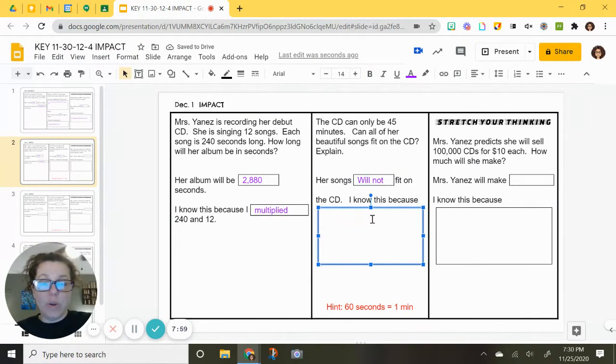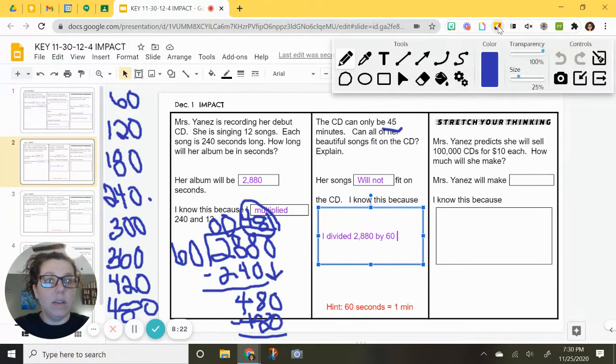And the reason you know this is because I divided 2,880 by 60. That's just telling you the math that you did. But what was the answer that we got? The answer that we got was 48.